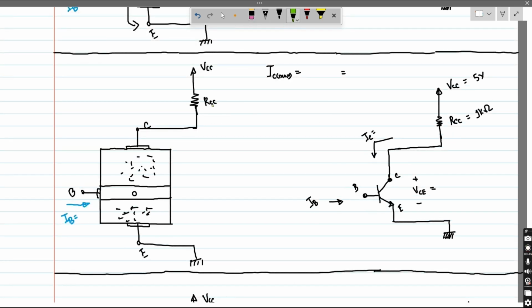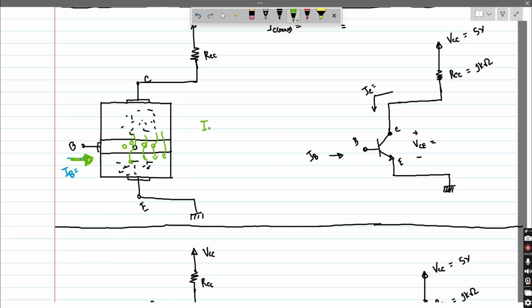Now, if we introduce holes into the base region by means of a base current, these introduced holes will allow more current to flow from the collector to the emitter. Actually, the number of holes introduced per second into the base region determines the number of electrons that can flow from the collector to the emitter.